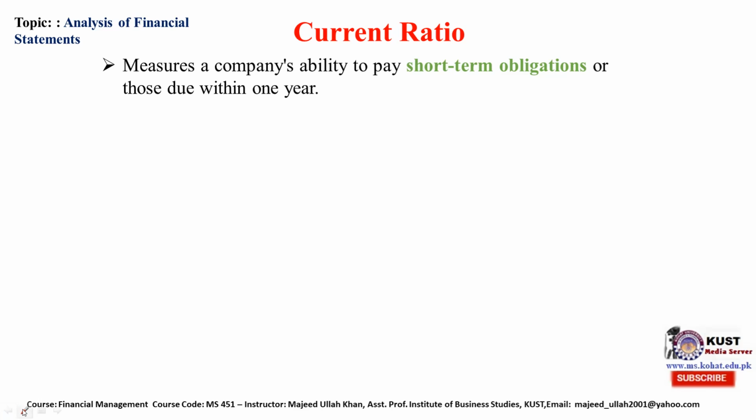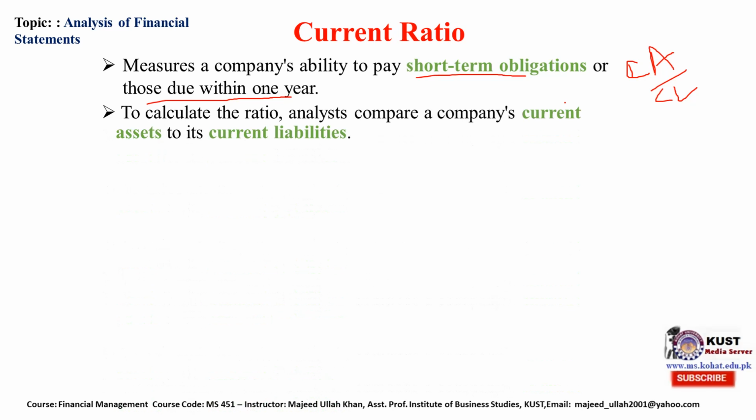What is the current ratio? This ratio basically compares how many current assets are available to pay your current liabilities. It measures the company's ability to pay short-term obligations, those due within 1 year. So this ratio primarily guides the investor or analyst on how much current assets the company has to pay its short-term obligations due within 1 year.